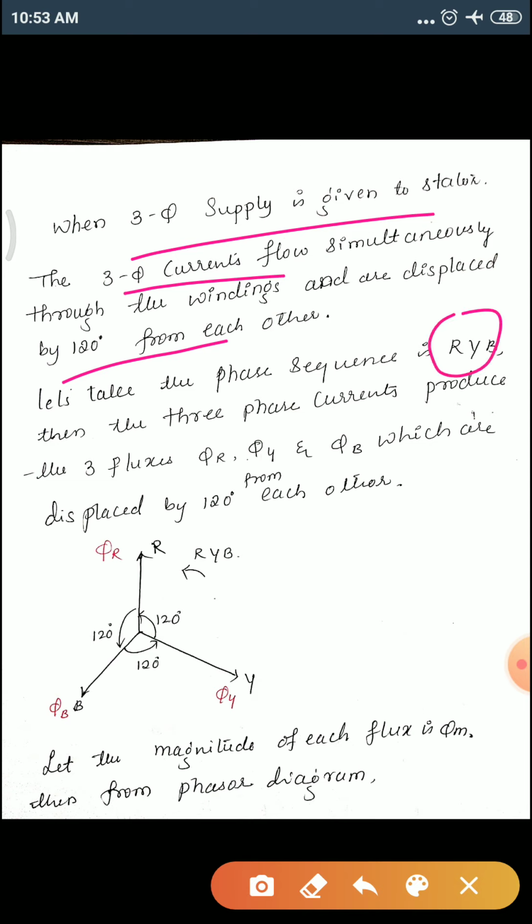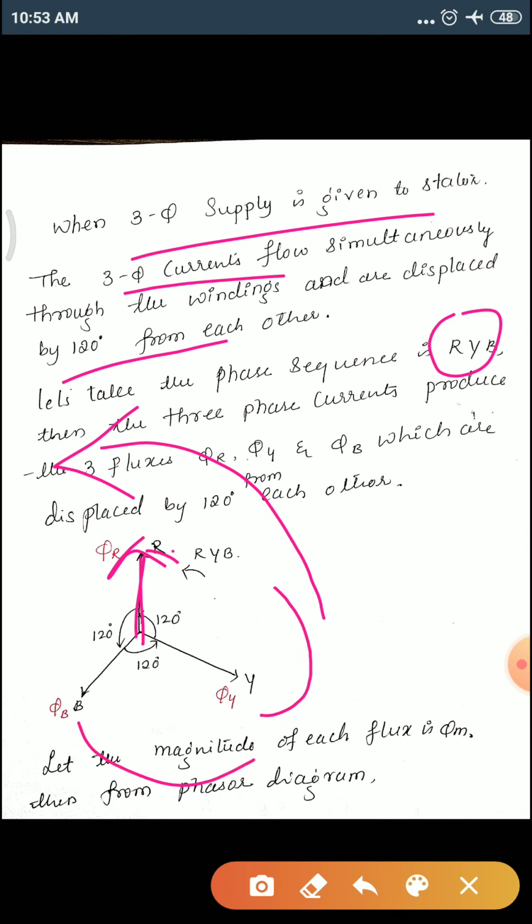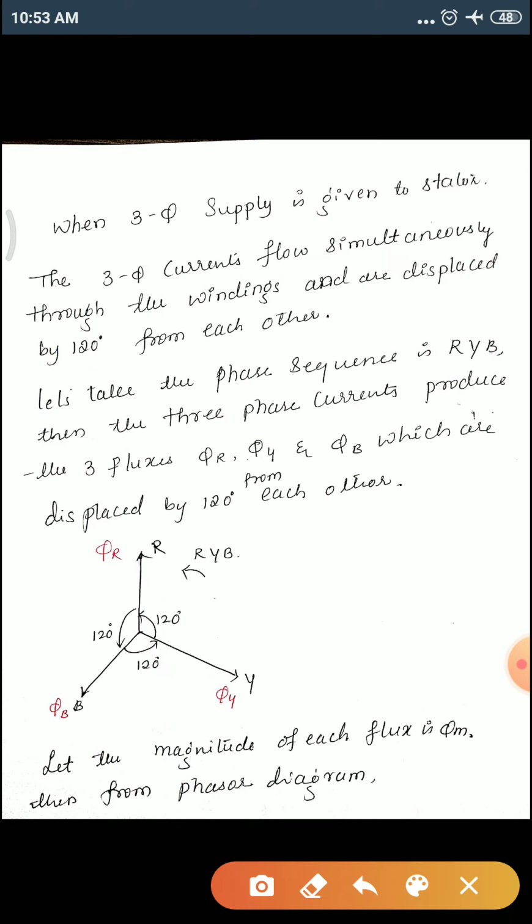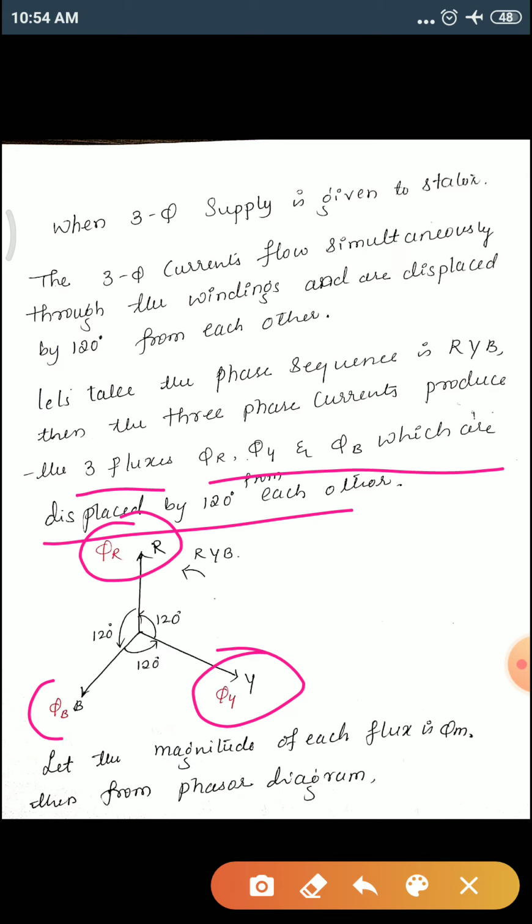If R is in this direction, then the sequence moves anti-clockwise: R first, then Y, and then B. These are all 120 degrees apart. Then the fluxes start producing. Three fluxes are produced, displaced by 120 degrees each: phi R, phi Y and phi B.